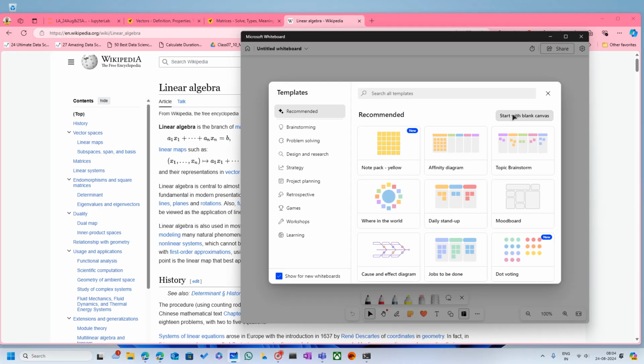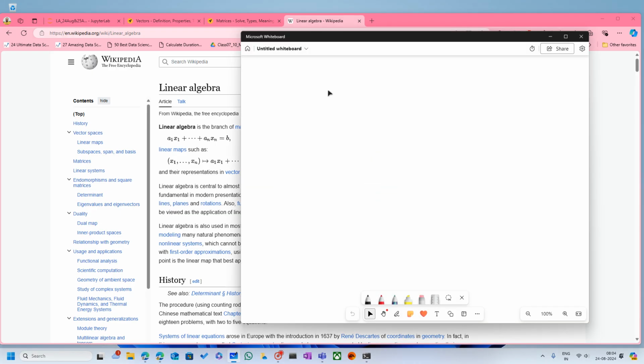A linear equation could be something like, let's just say, you want to walk from your home. Never mind.